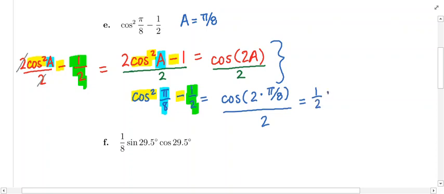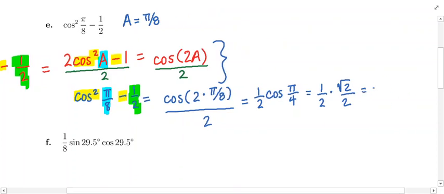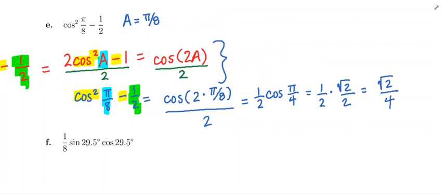So this is 1/2 times the cosine of pi over 4. The cosine of pi over 4 is the square root of 2 over 2. So we multiply across the top, across the bottom. Here is our answer.